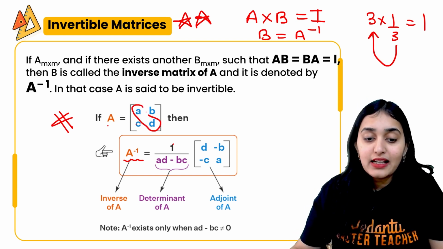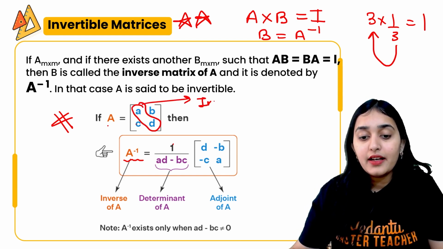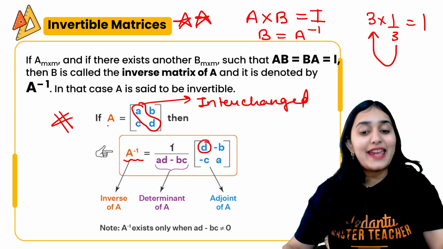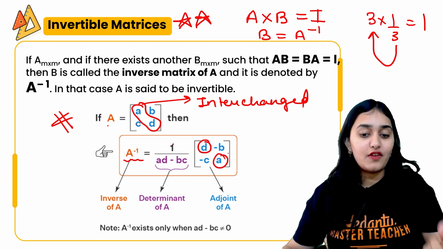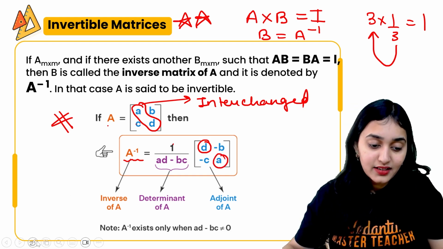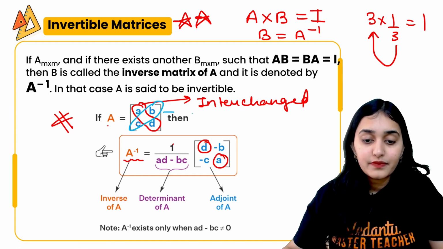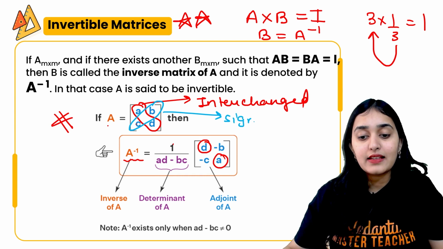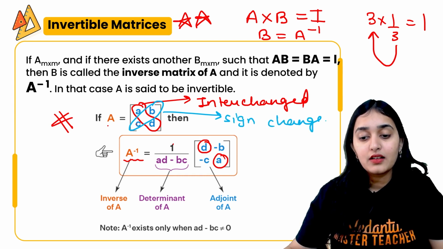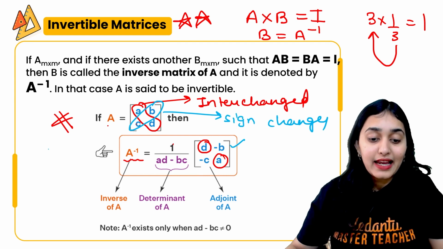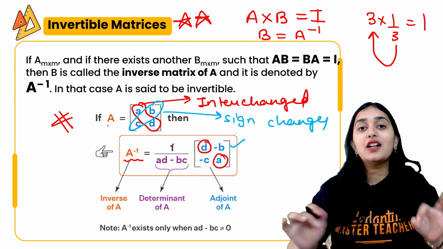This diagonal is interchanged. Interchanged means D will come in the place of A, and A will come in the place of D. Clear? And the second diagonal, the sign changes. B will become minus B, C will become minus C. And like this, you will get inverse of A.